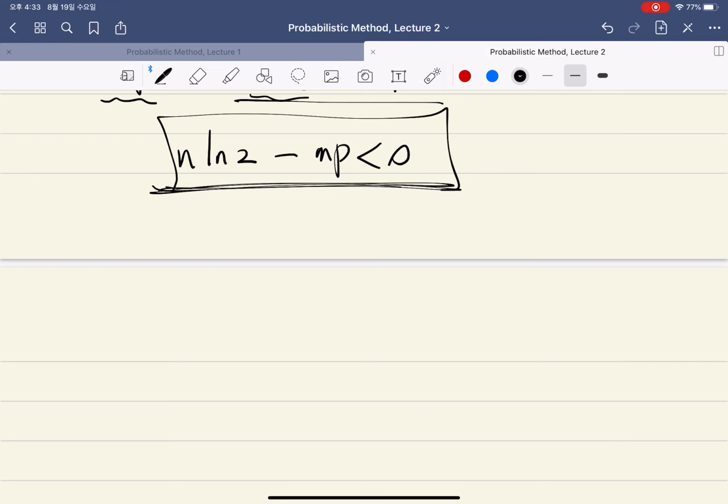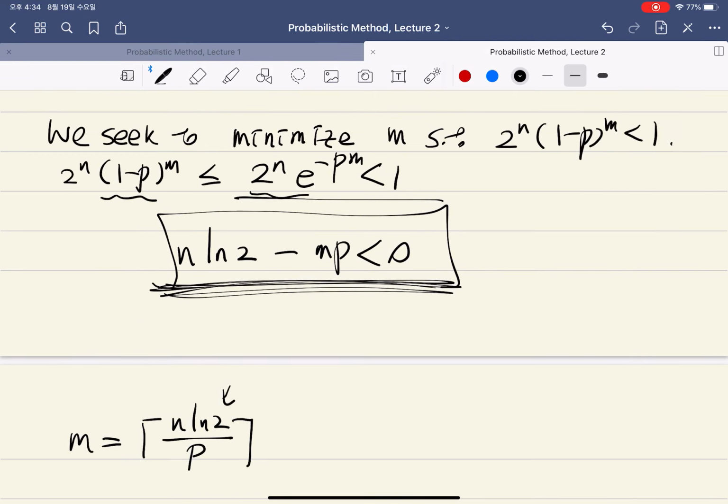So how do we achieve this? Of course, you just take m to be the ceiling of n log 2 over p. Then this satisfies it. Log 2 is an irrational number, but being strict or not is not really important, so let's just say this.